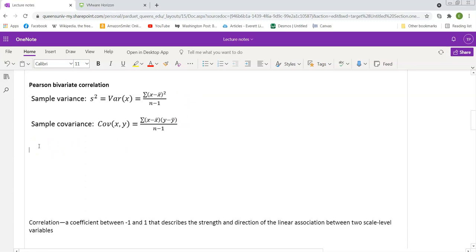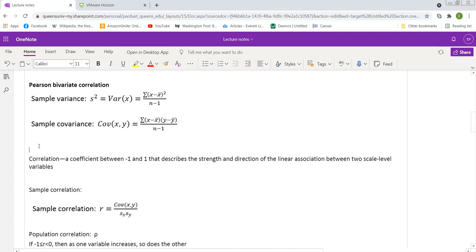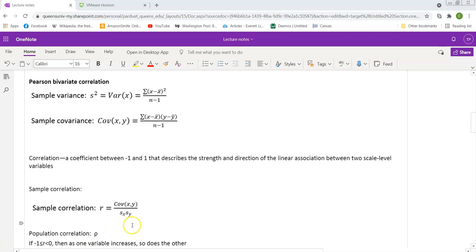Okay, and I tell you that not because I expect you to be able to do the calculations, but because I want you to understand how they work. So if we look at the way the sample correlation is calculated, it's the covariance. So again, that's the amount of variability between two variables, X and Y. And we're essentially scaling it by dividing by the standard deviation of the X variable and the standard deviation for the Y variable.